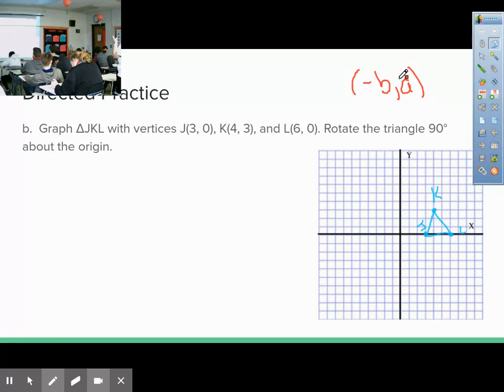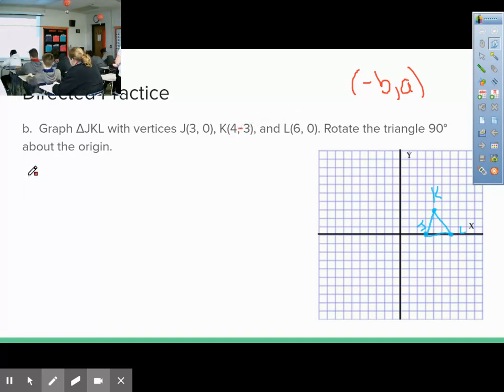So you do switch the coordinates, but do you change the sign of X or the sign of Y? Y. Okay, so what we need to do is go through here on all the Y's and change their sign. Can I change the sign of a zero? Have a negative 0? No, so that just stays 0. This positive 3 becomes a negative 3, and this 0 stays 0.